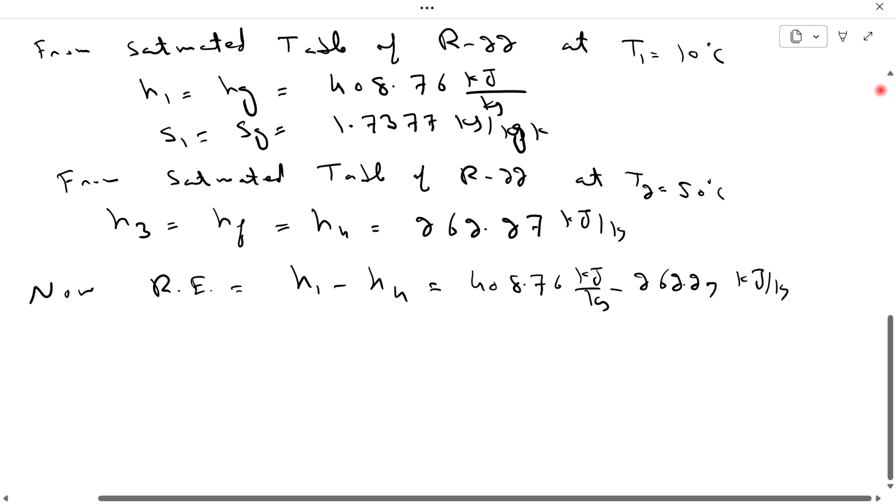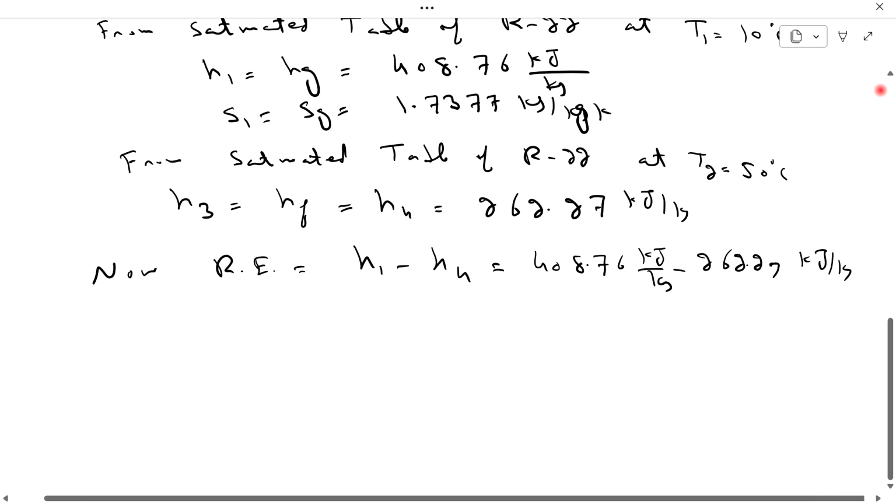So the refrigeration effect is equal to 146.49 kilojoule per kg.